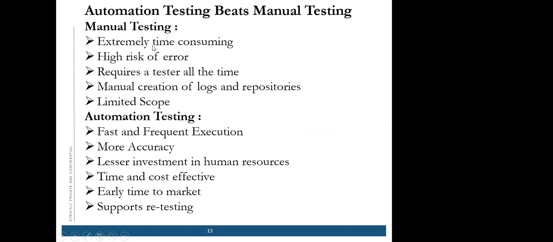As I explained in the introductory session, manual testing is extremely time consuming. It has a high risk of error, as we humans are testing our software, so there is a high chance that human errors could happen here.